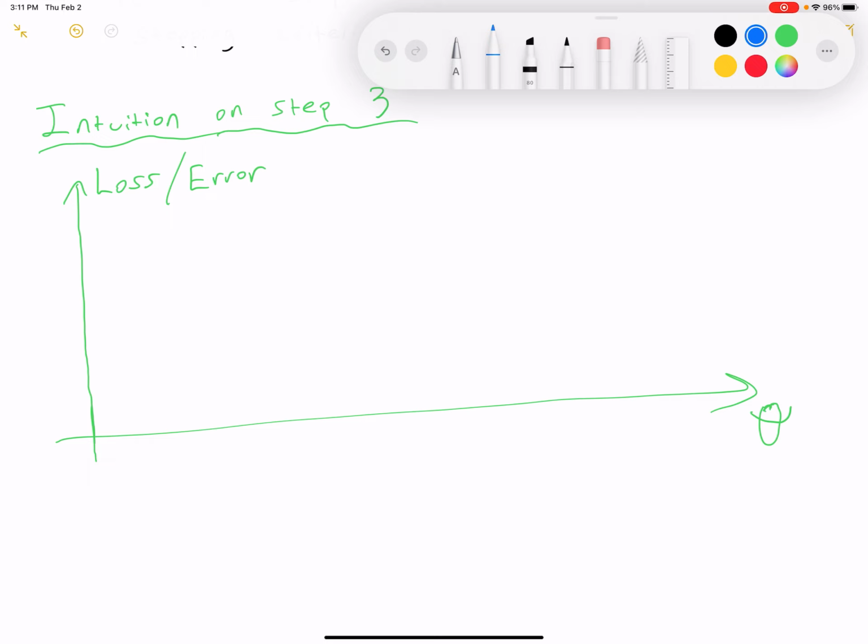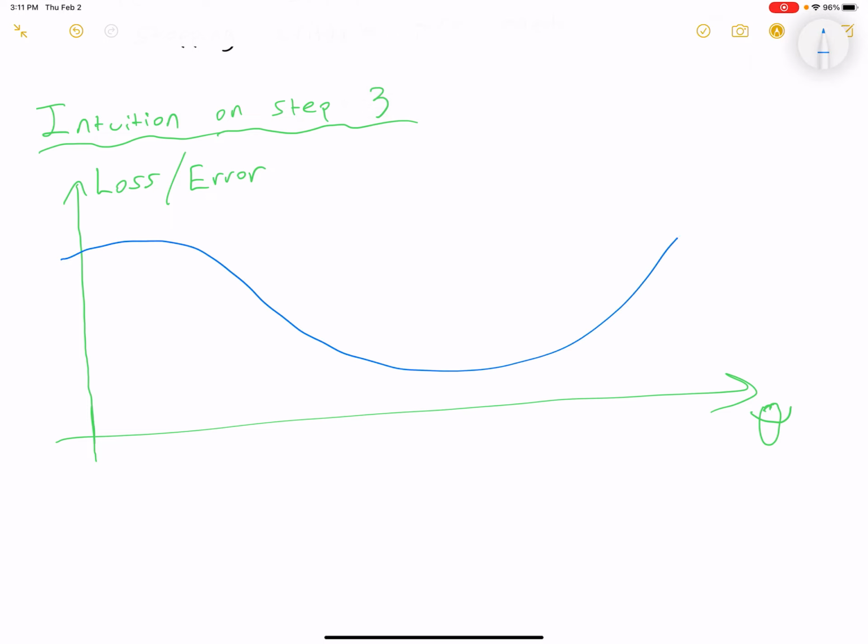And we might have a landscape that we don't know in advance, and this is an important thing to note, where given different parameter values that we choose, we would end up with this corresponding value of loss. And the thing is, we don't know this shape and landscape in advance.